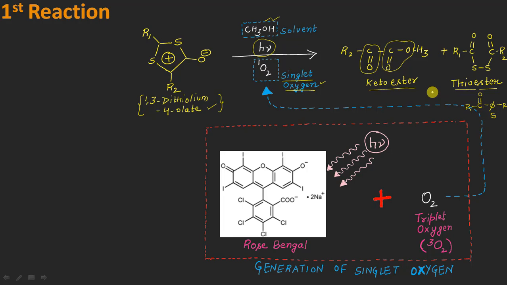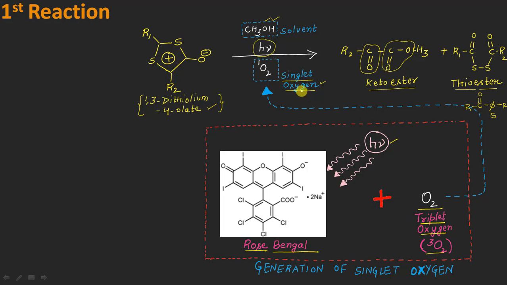So instead of going to the mechanism straight away, I want to discuss a few things before that. As you can see here, what I am trying to depict is that rose Bengal, which is actually a type of dye or stain, converts the normal or triplet oxygen molecule, which is a ground state molecule, with the help of irradiation into what?